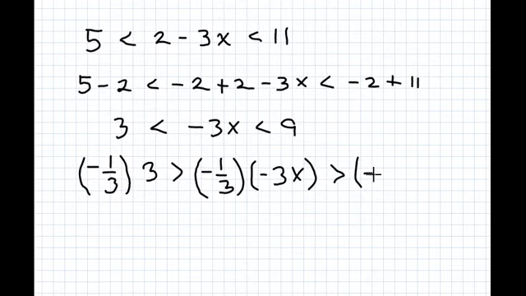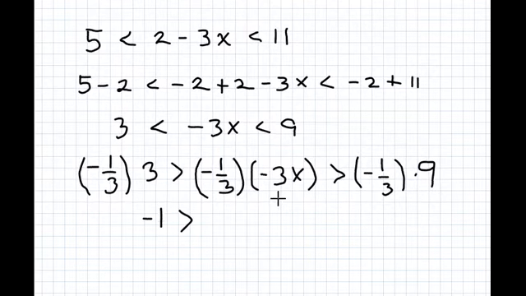Flipping it. Okay, let's simplify things down. We're going to have a negative 1 is greater than, and this just becomes x, and negative 1 over 3 times 9 is negative 3.